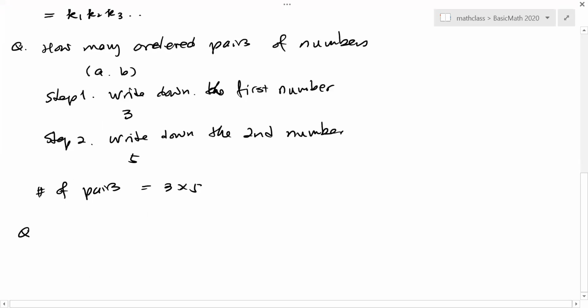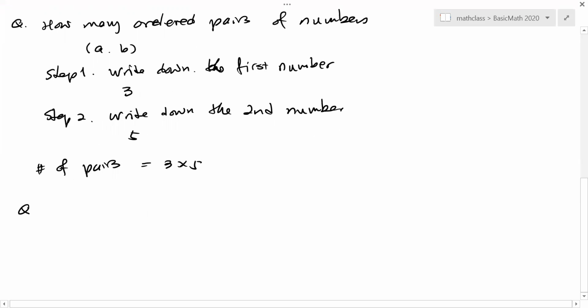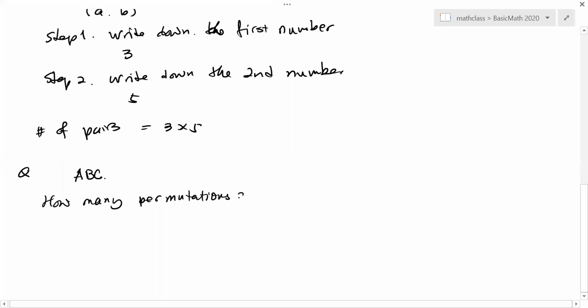The next problem is the following. I'm going to have 3 letters. The question is how many combinations, also called permutations, are there? So I'm going to write down the 3 letters, step by step.